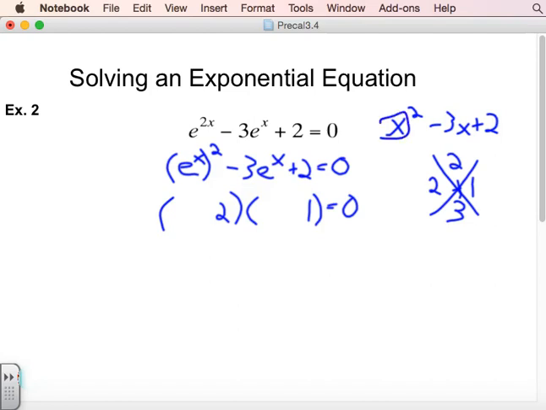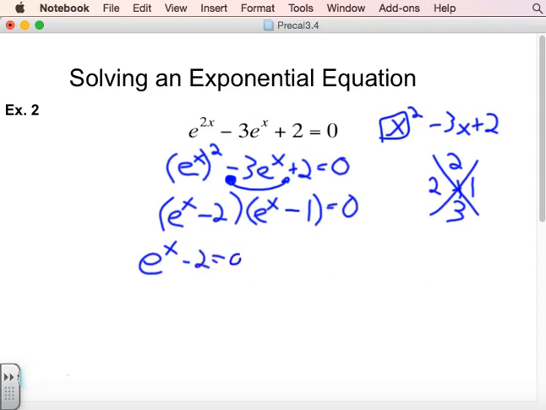Normally I use x, because x is what's being squared. Right here, it's e to the x that's being squared. So I'm going to write e to the x in the front of both of them. I'm going to put a minus sign on both of the factors, a minus 2 and a minus 1.